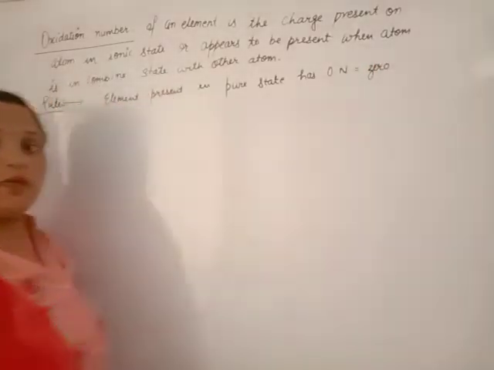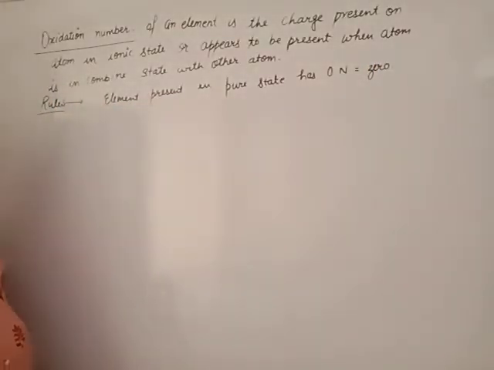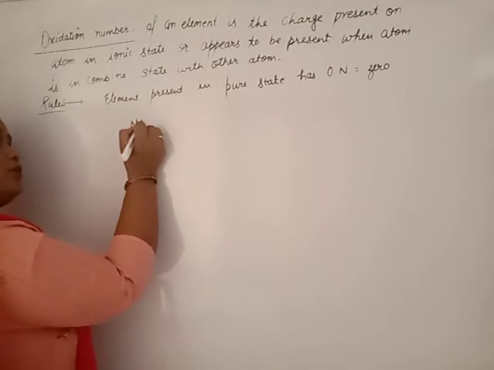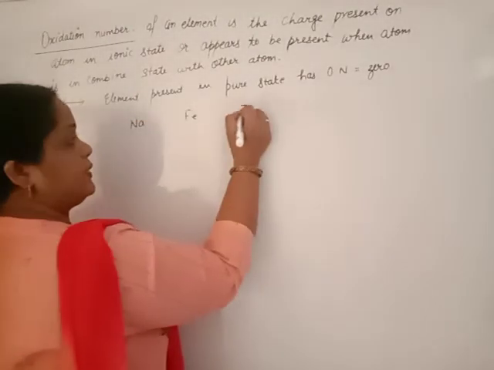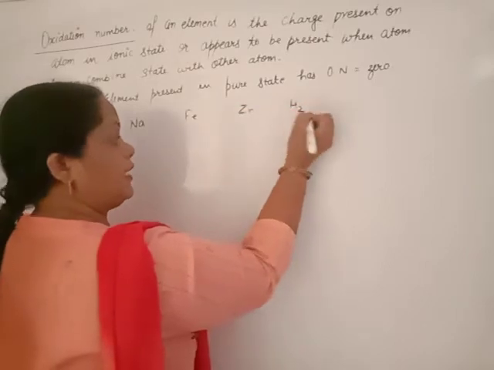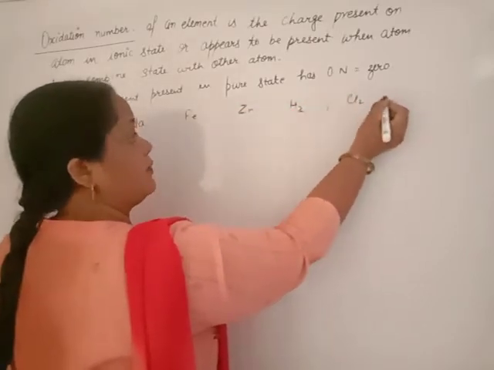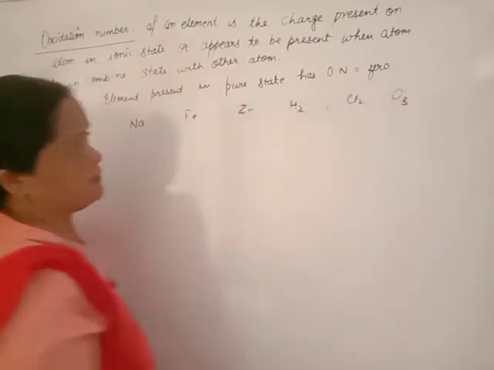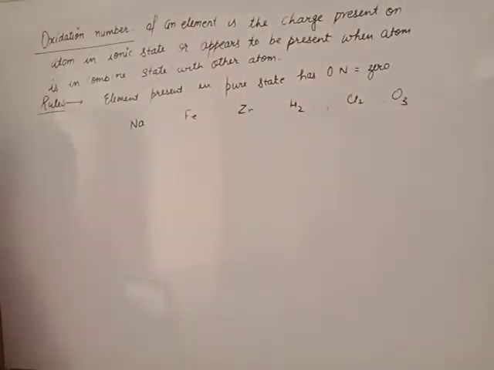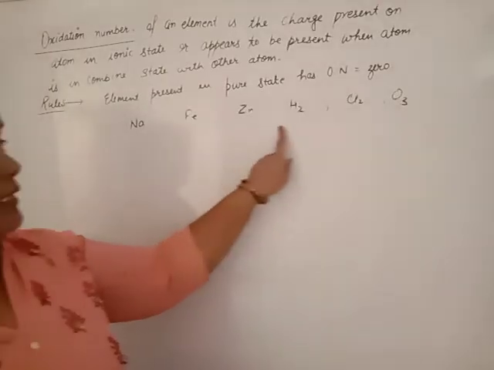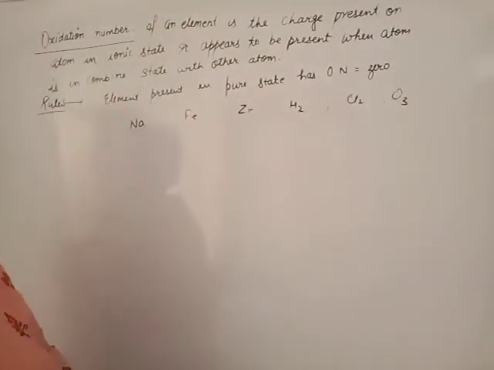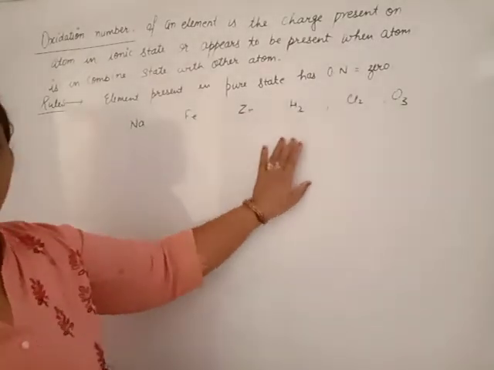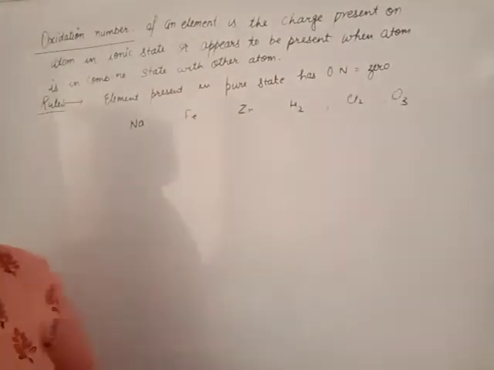For example, in a given reaction, if the elemental state of an atom is present, like sodium, iron, zinc, hydrogen, chlorine, ozone, what is the oxidation number? Oxidation number is 0, because the elements are present in their elemental state.